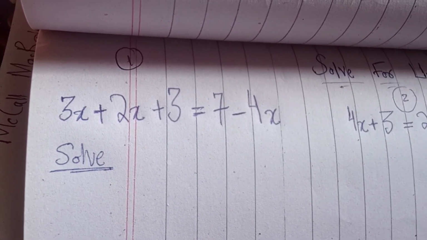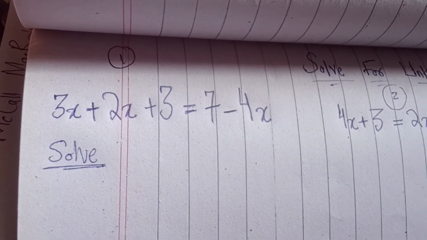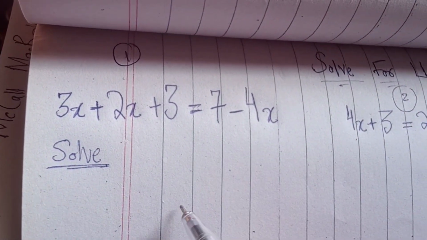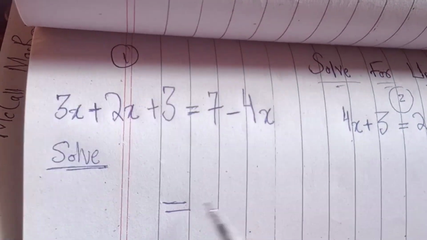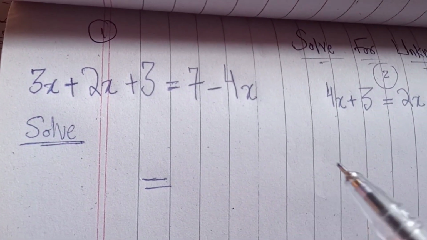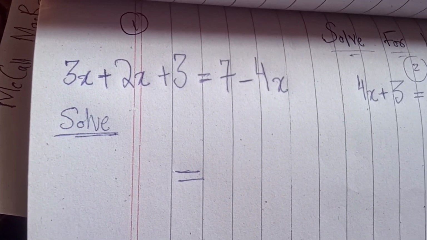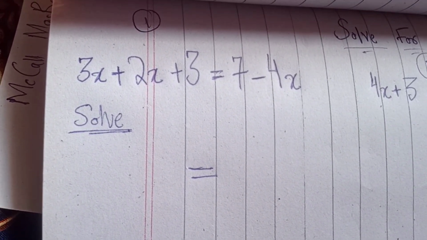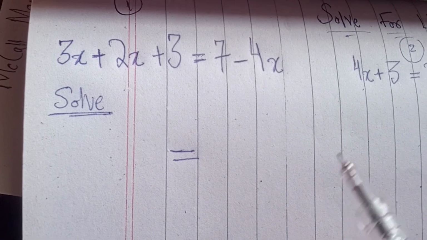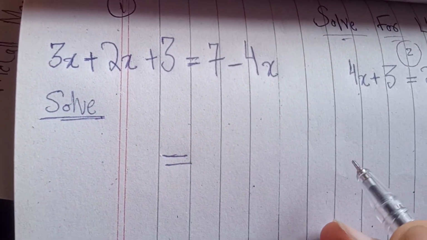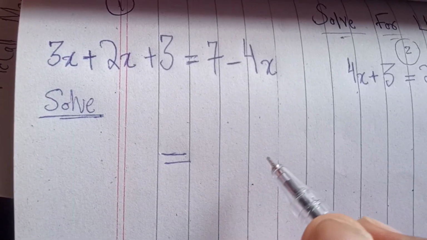Let's begin our question number 1. First of all, we will be putting the similar things on one side and keeping the numbers or other things on the right side.